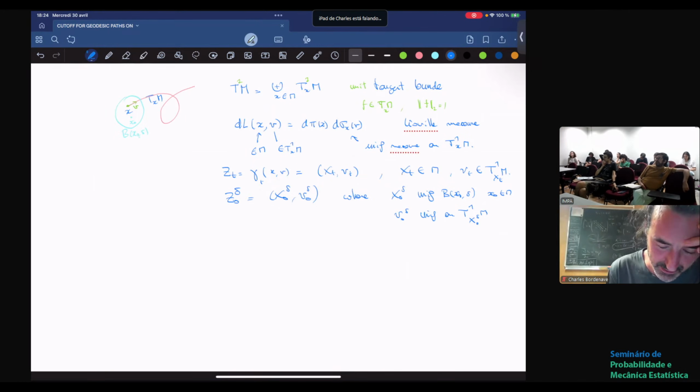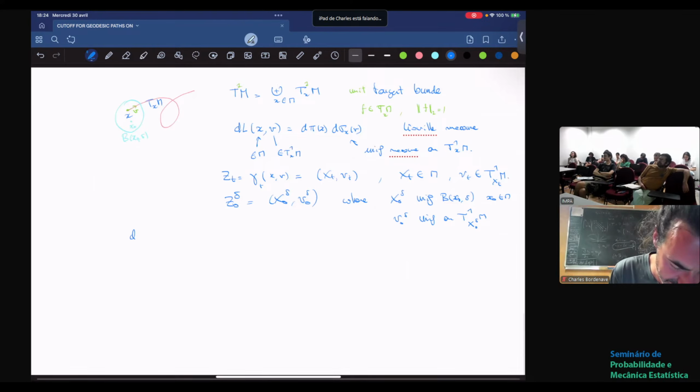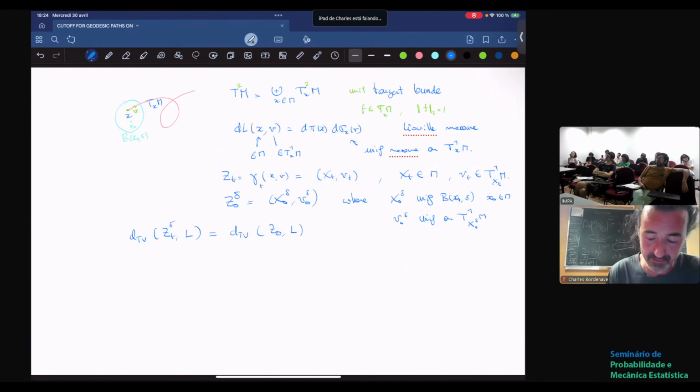Okay, so the Liouville measure. The geodesic flow is reversible, you can just reverse it. So if you look at the distribution of Z_t, the total variation distance between the law of Z_t and my Liouville measure is left unchanged by the geodesic flow, because you can revert it, you just go backward in time.